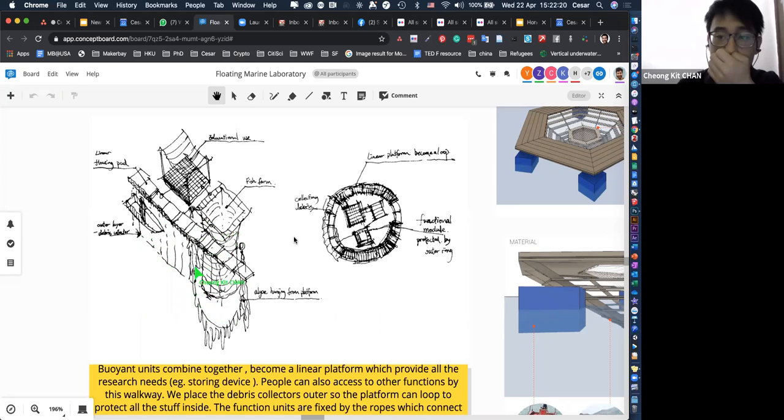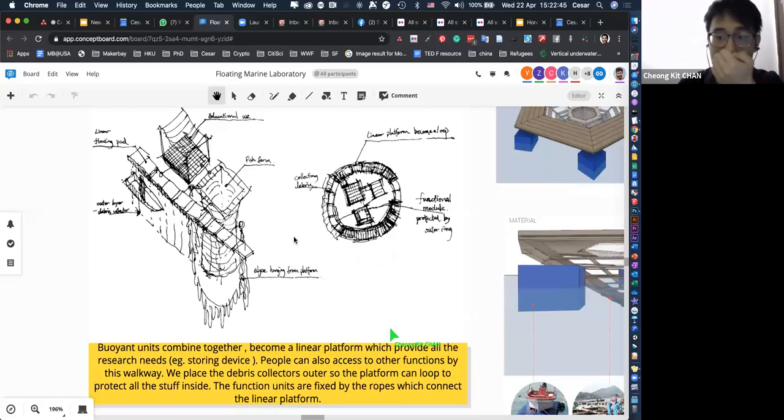If we get enough money to have more floating units, I mean these pads, we can make them a loop to protect the core function, which is similar to Maxwell's design that he mentioned just now. So in this case, what we need basically first is these floating pads, as many as possible.